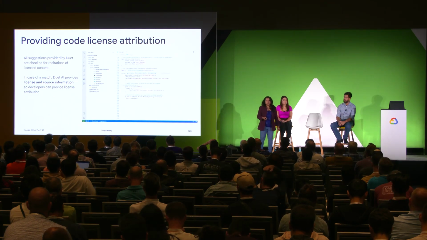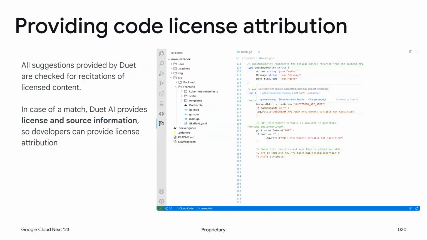This next feature here, Marcos already mentioned, is a very important feature. Large language models, on occasion, rarely, can emit code that requires licensing. Now, we have been very careful to train Duet AI on open source, high quality code. But even then, sometimes that code may still require license attribution. So Duet AI will show you the license and the source of that license.